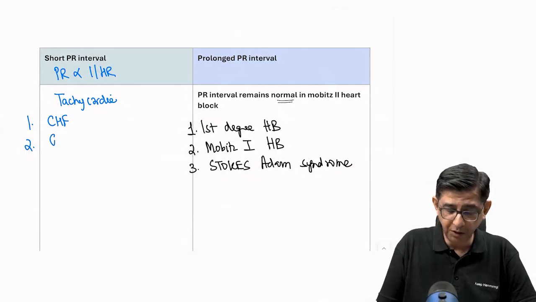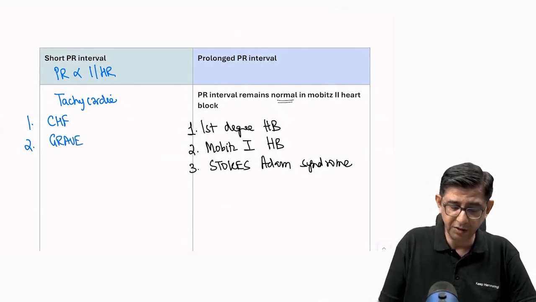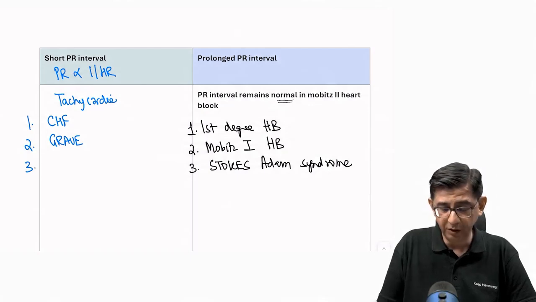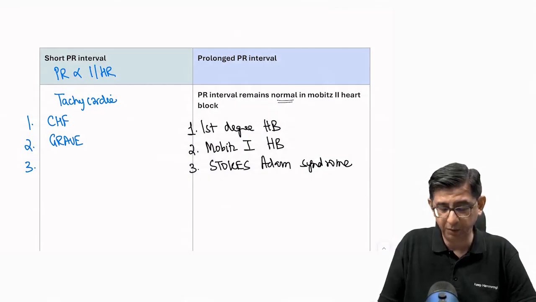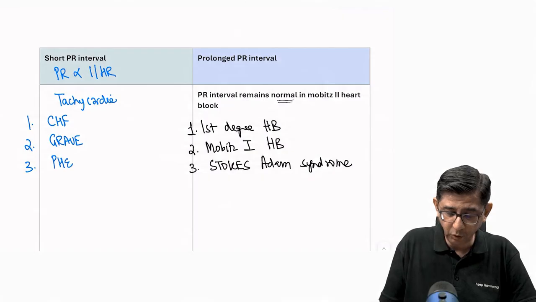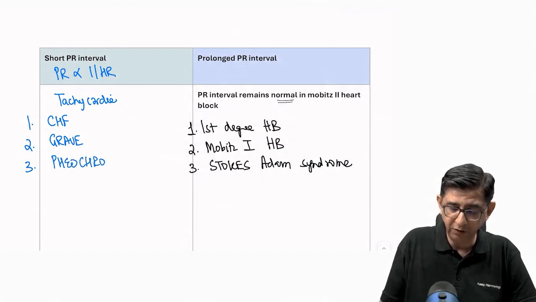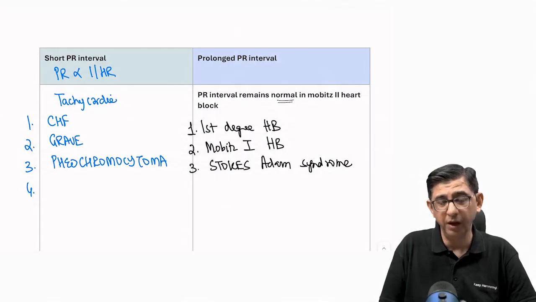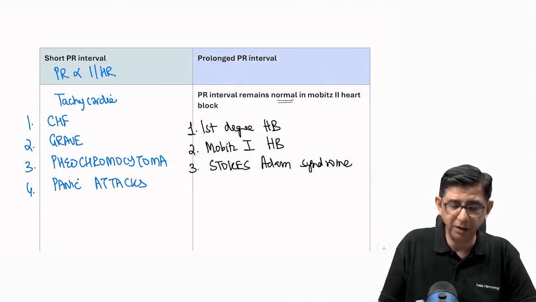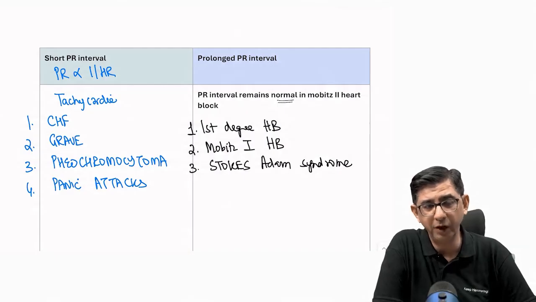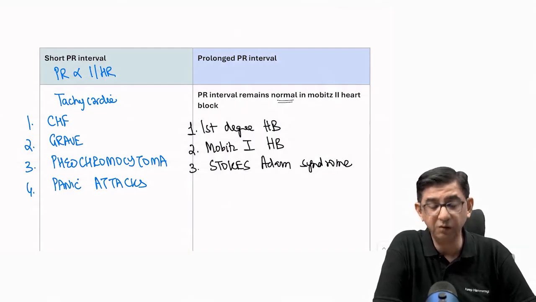It can also be seen in endocrine conditions like Graves' disease, where thyroid hormones are in excess and have an intrinsic sympathomimetic activity. Then pheochromocytoma. So it gives the examiner a lot of leverage to ask about a short PR interval, because the causes of tachycardia are manifold. It is not limited to cardiovascular conditions; it can be panic attacks or anxiety, Graves' disease, pheochromocytoma, and obviously congestive heart failure.